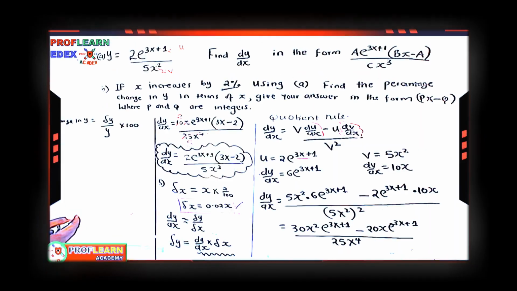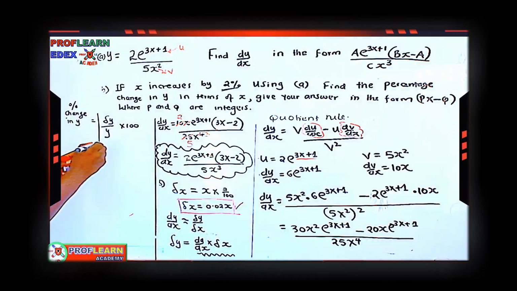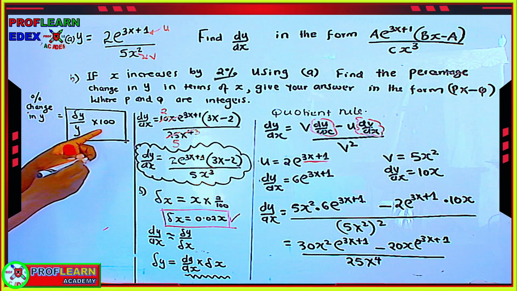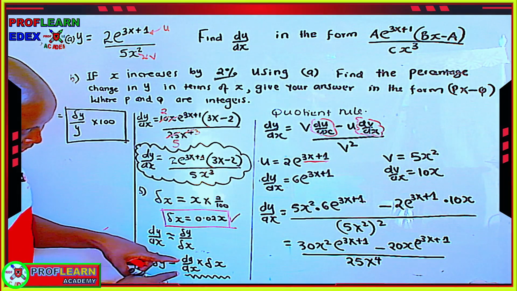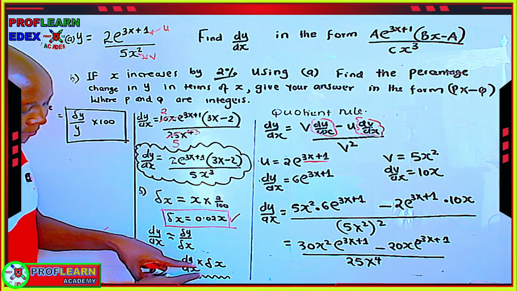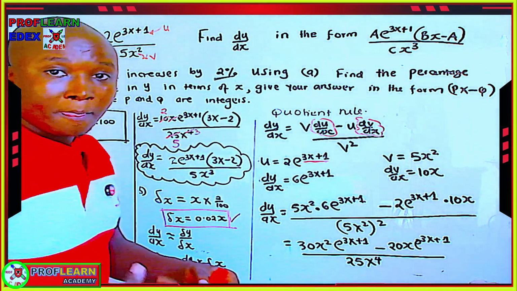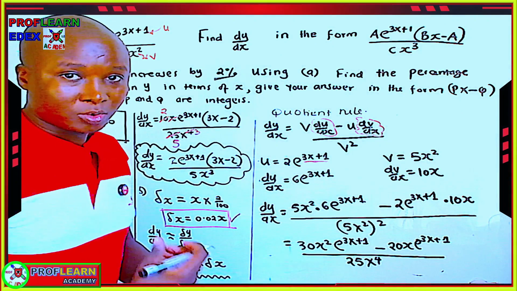But what is the small change in y? Small change in y is dy/dx times the small change in x. So you need to follow those steps the way I'm instructing you.